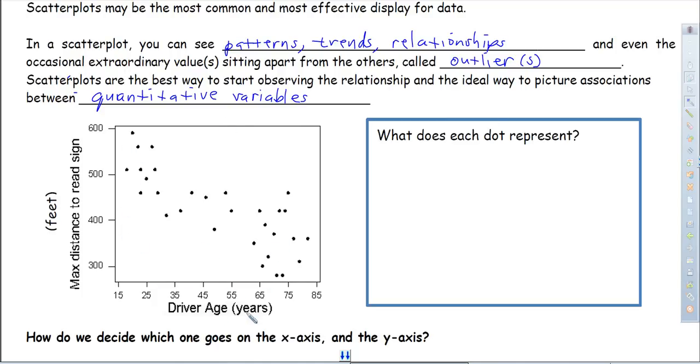X would be a driver's age in years, and the Y is representing the max distance the driver can read a sign from in feet. So what do you think each dot represents here? Each dot represents a driver, because that's what we're measuring here. We're looking at drivers and the maximum distance that they could read a sign.